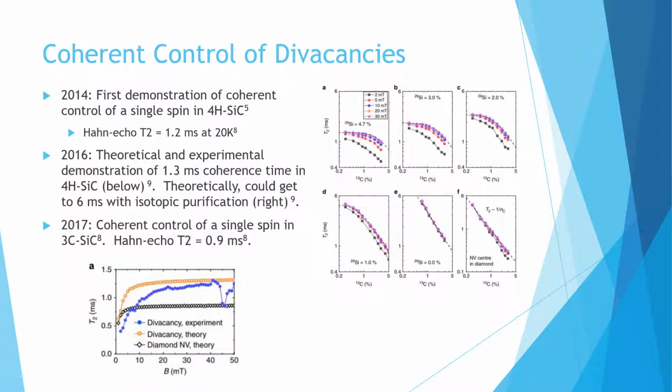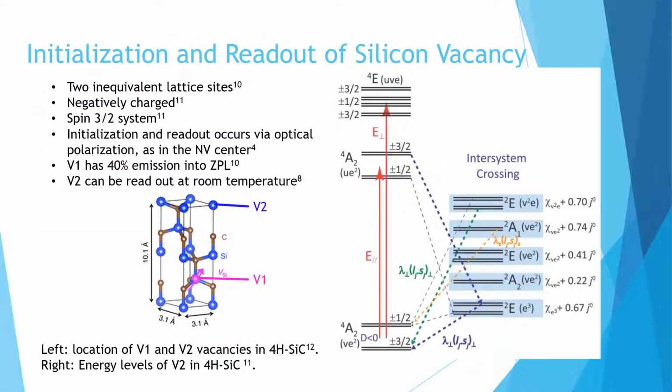But if you use isotopic purification and get rid of the carbon-13 and silicon-29 spins, you can get much higher coherence times, which has also been done in diamond. And in 2017, this group also demonstrated control of single spins in the 3C polytype with a similar coherence time.